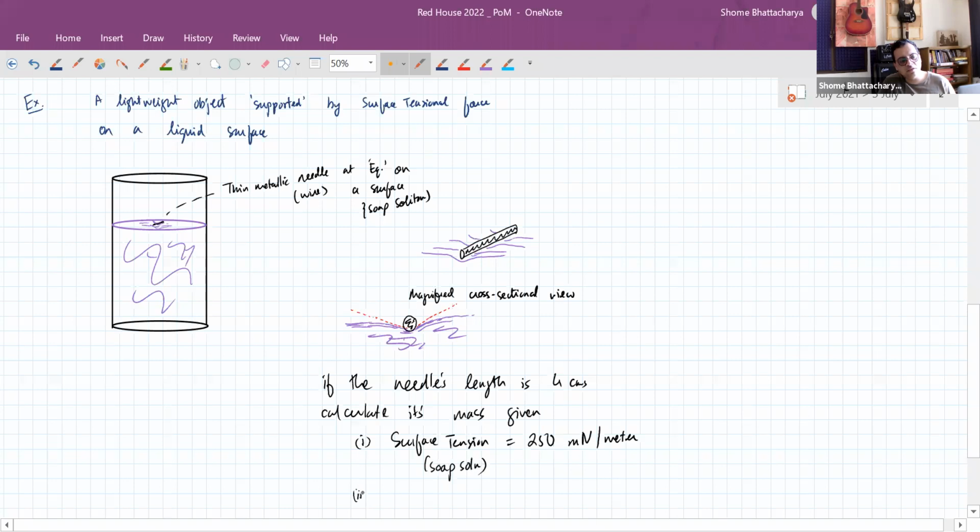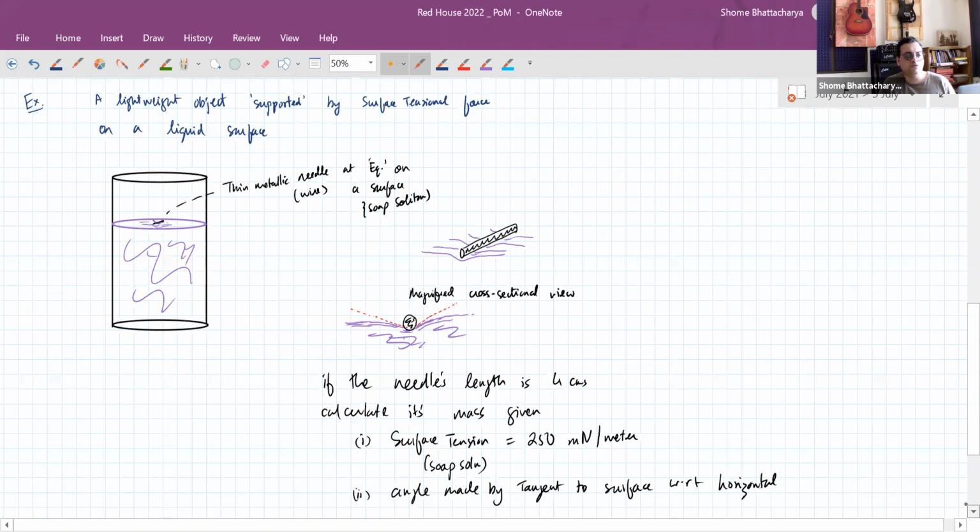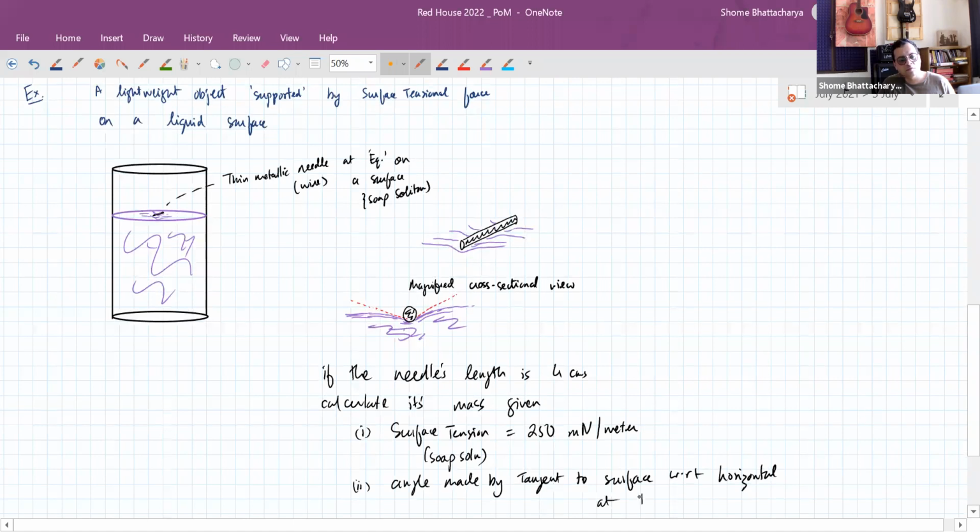And secondly, the angle made by the tangent to the surface with respect to horizontal at the point of contact is about 3.6 degrees.